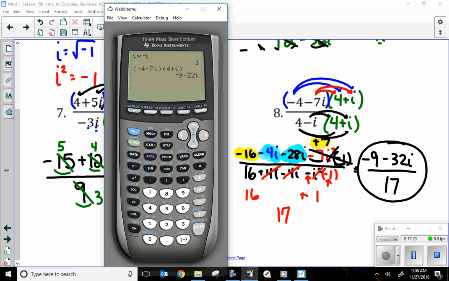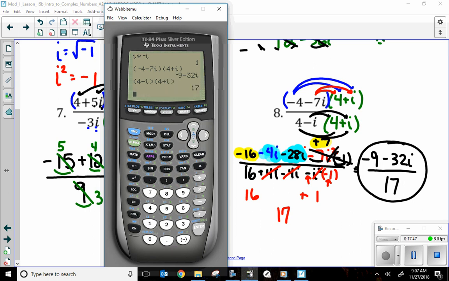Oh, beautiful. You all probably want to throw something at your computer screen because of the time we took to do it versus what the calculator can do for us. Now let me check the denominator. That should be 4 minus i times 4 plus i, and I should get 17, right?